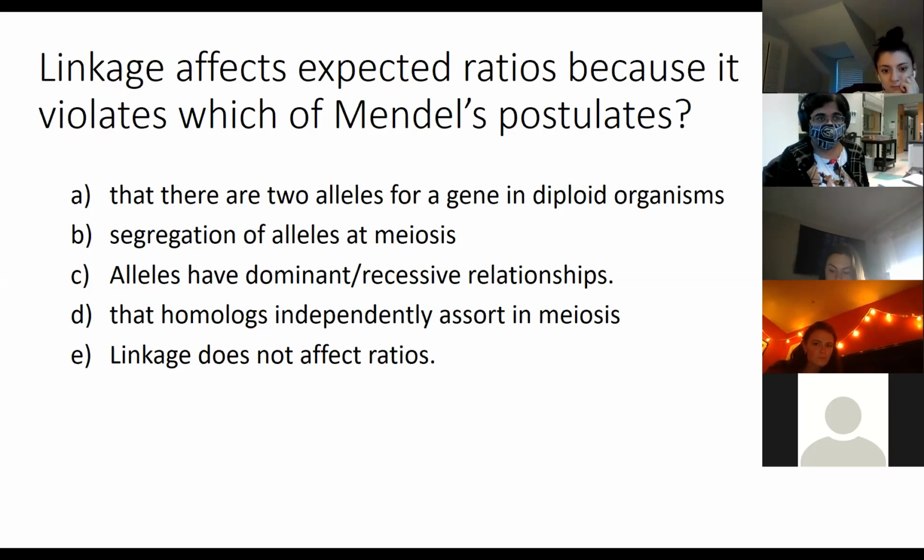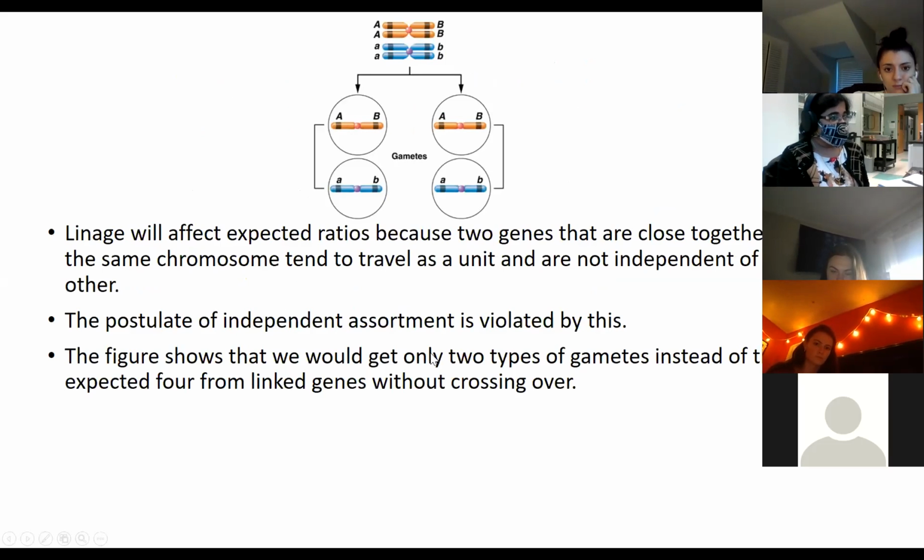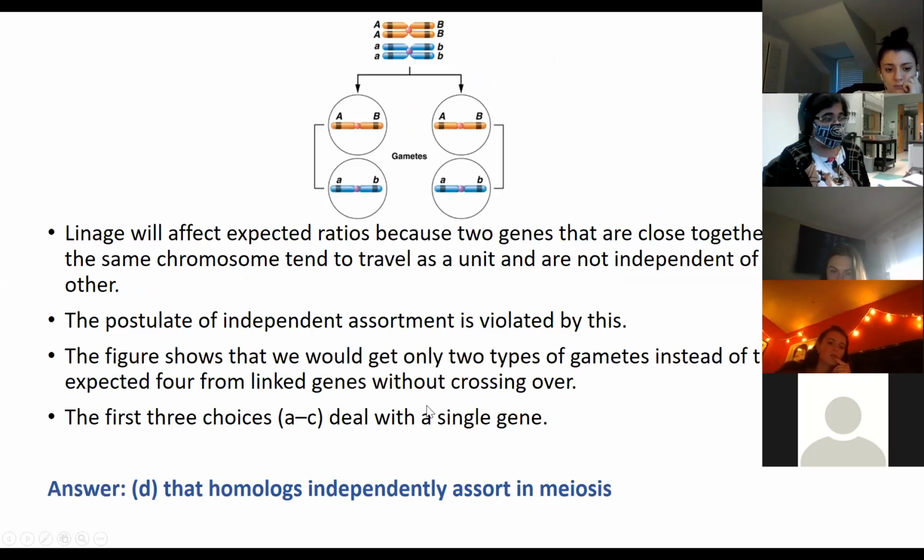Is it D? That's what I think. Yeah, it is. So again, linked genes cannot assort independently. And when we're talking about linkage, we're talking about multiple genes, so that takes out A through C. And then you have this one, right?